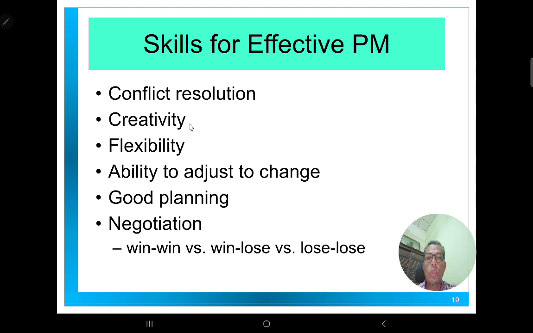And it is also you should have some creativity in solving some of the problem in order for the project to be successful. Some people, they are very strict in terms of their decision making. So it is not good because at the end of the day, you have certain objectives to be achieved in this project.